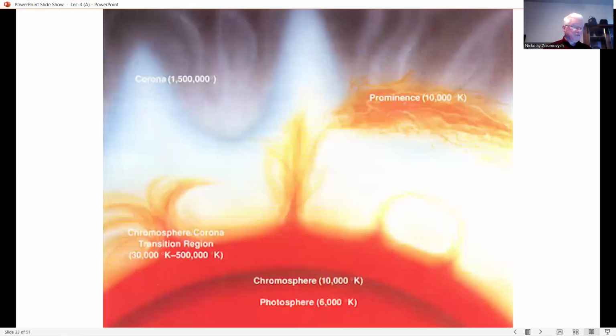Arches of magnetic field are visible as prominences in the chromosphere and corona. Seen from above in a filtergram, prominences are visible as dark filaments, silhouetted against the bright chromosphere.